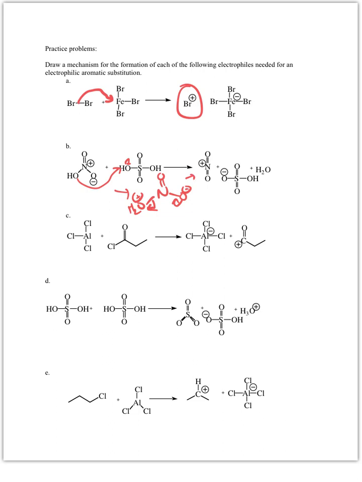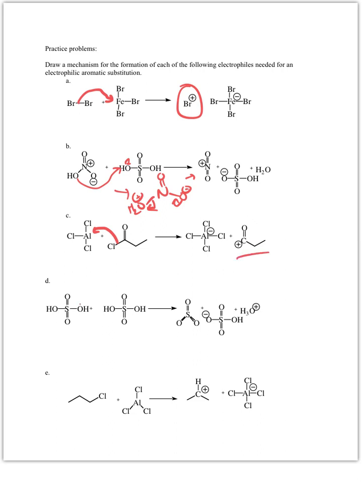Okay, and when this happens, we get the positive on the nitrogen because we have 2 double bonds. Then the next one, the Friedel-Crafts acylation, the bond between the carbon and the chlorine can break, go into the aluminum, giving us the acyl cation.